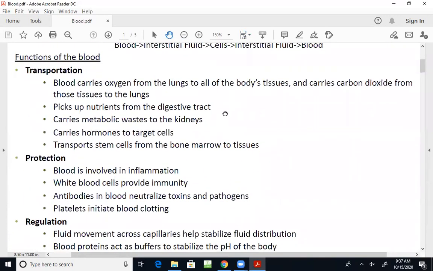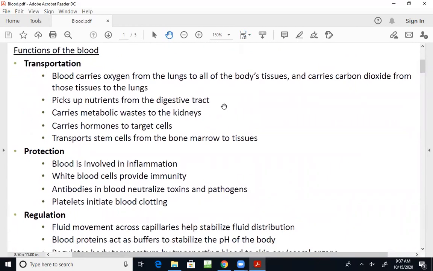And 3 general functions of our blood are listed here at the bottom, with examples demonstrating those different functions. First is transportation. Blood carries oxygen from our lungs to all the body's tissues. Carbon dioxide is carried from those tissues to the lungs.